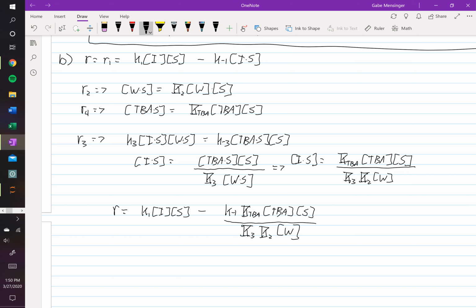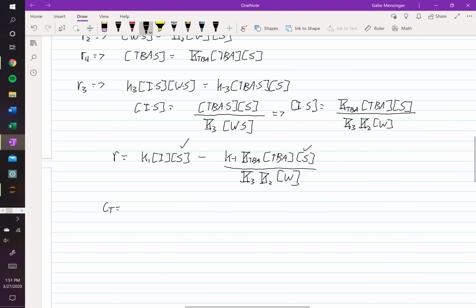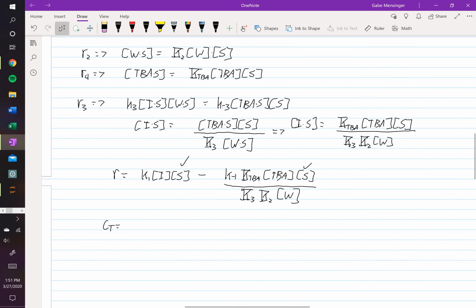What terms do we have to account for now? We have to get rid of these S terms, and we'll do that using a site balance. So very similar to part A. By switching what is the rate limiting step, that's going to ultimately change our rate.